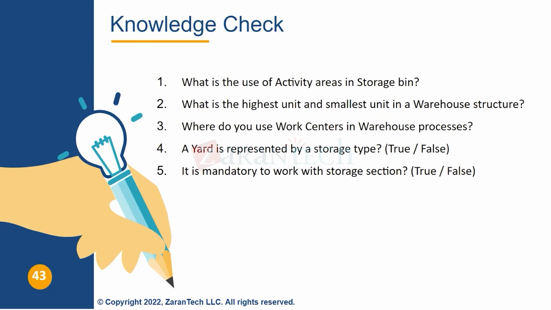To perform that activity, we need to have one work center area in the warehouse. That work center area has to be defined in the warehouse, or it can be an area we define as a storage type, and the role of that storage type has to be work center.